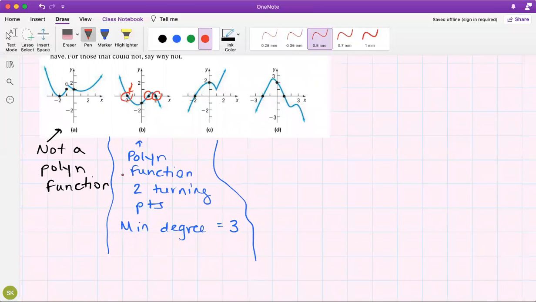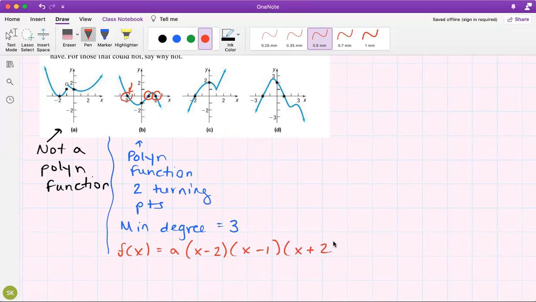I can go ahead and tell you what this polynomial is going to look like. This is f of x is equal to some number in the front times x minus 2, times x minus 1, times x plus 2.